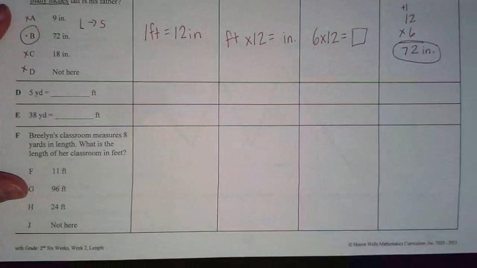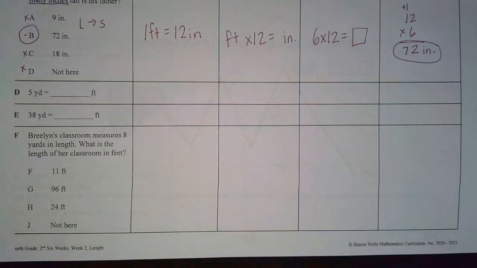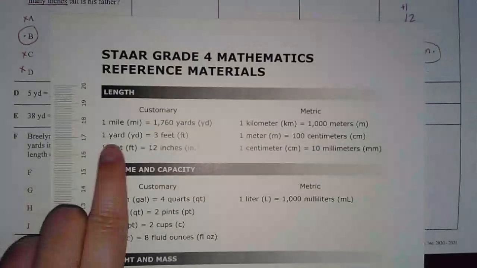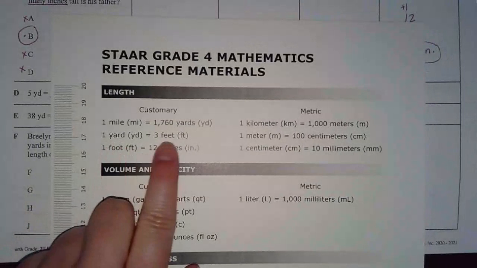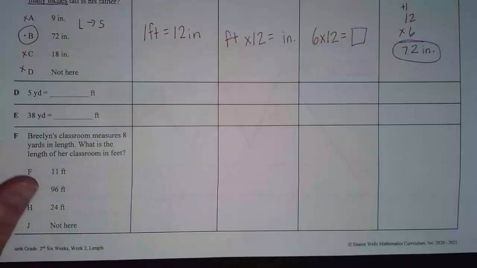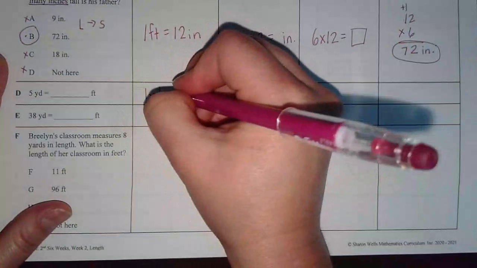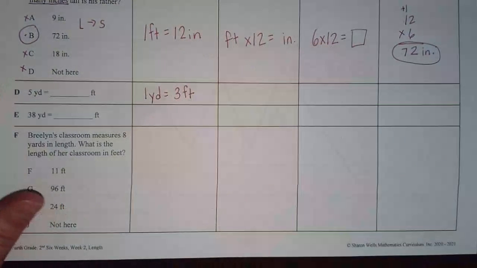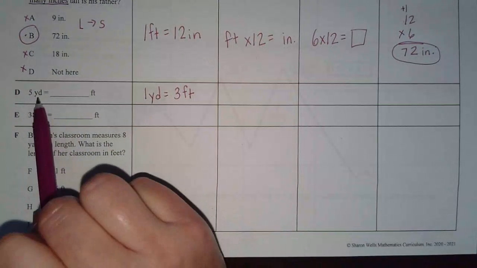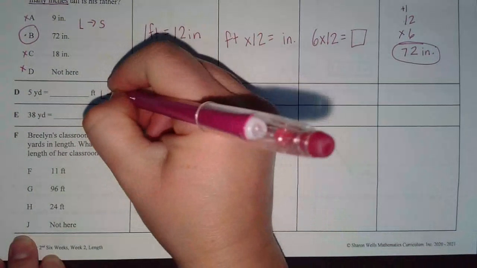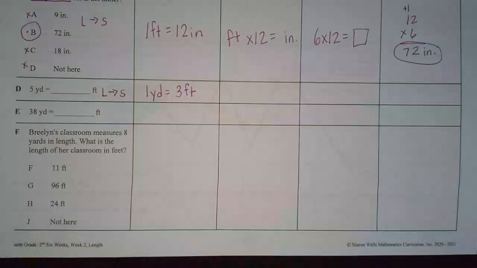5 yards to feet. Ooh, we have something different. So we're going from yards to feet. Well, using my reference chart, which I have attached for you, 1 yard is equal to 3 feet. A yard is bigger than a foot, right? So again, we're going from a larger unit to a smaller unit. So I'm going from horse to fly, what?